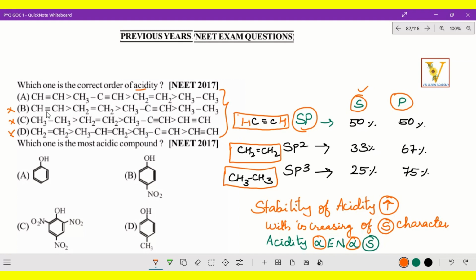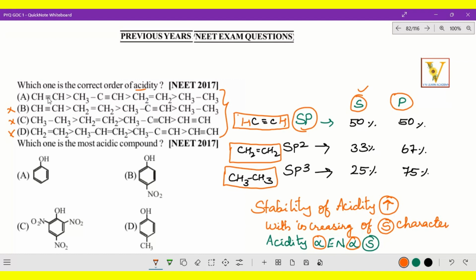Why? Because triple bond is coming first, yes, it's correct, the highest position, which means its acidic strength is higher, then the second one is double bond, and then again triple bond, so that is not possible. And the same way single bond, double bond, triple bond is going in increasing order. They did not mention whether increasing or decreasing order was asked. So we just go for the first option only.